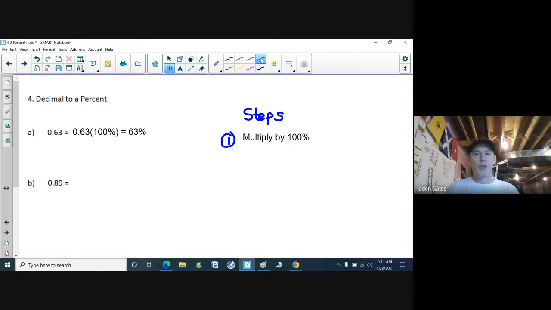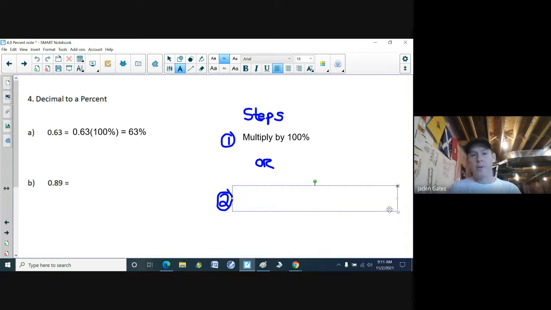Okay, but we had two steps. Or you could do it a different way. Again, I'm just giving you options here. The other step we had when we went from percent to decimal was move the decimal place 2 to the left. Well, if we're going the other way, we can move the decimal place 2 to the right.